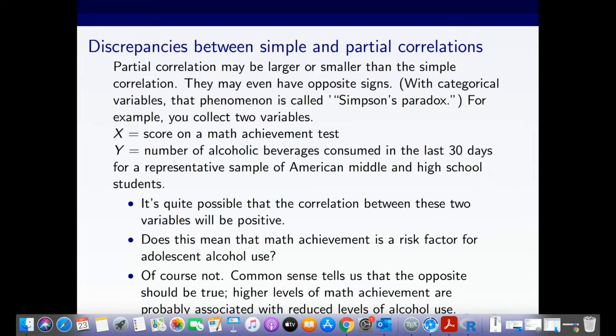A positive correlation means that if the number of alcoholic beverages consumed in the last 30 days is higher, there is also a higher tendency of a higher score on the math achievement test, or vice versa.